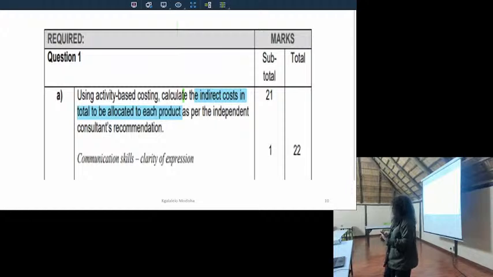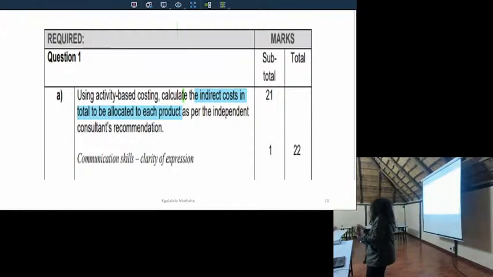Yes, your tables. You put the activity, the driver, the total cost driver. Correct. So you're right. Always have that in mind and stick to that.